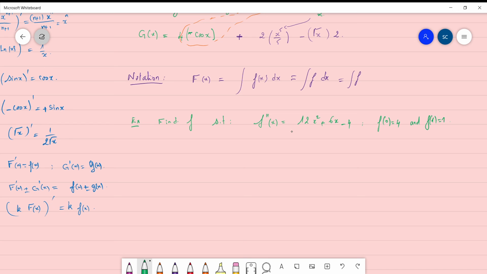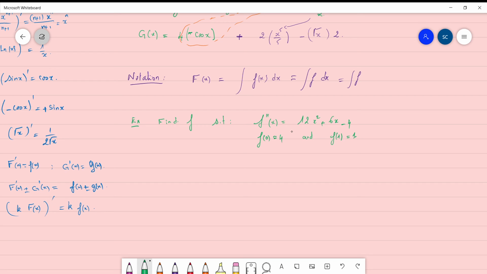Let's add the information: f(0) is equal to 4 and f(1) is 1.